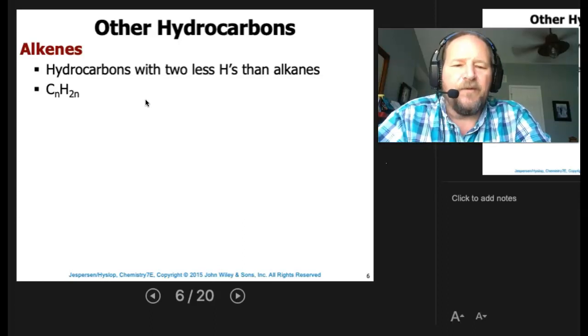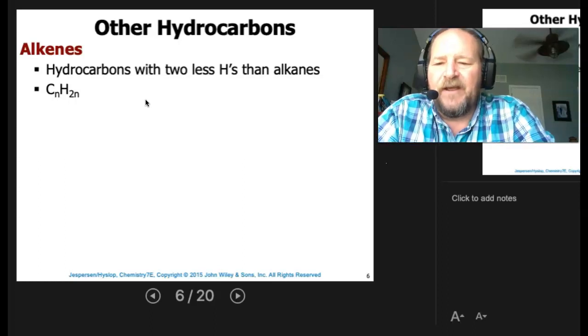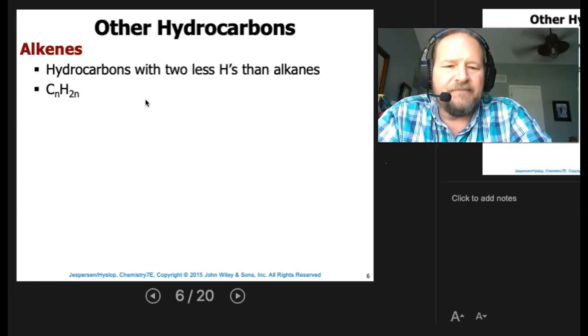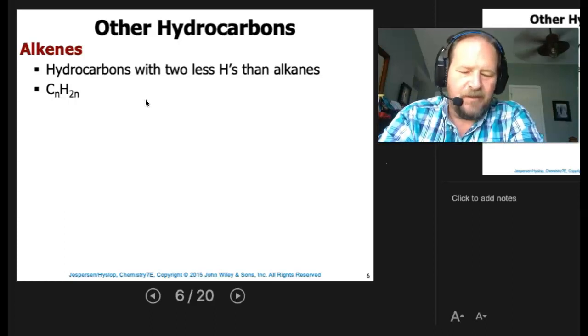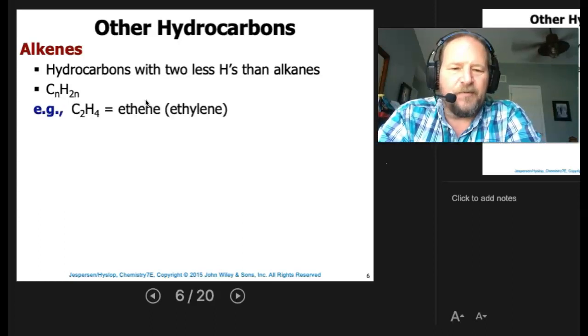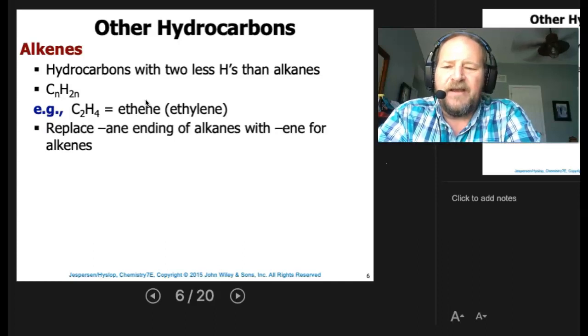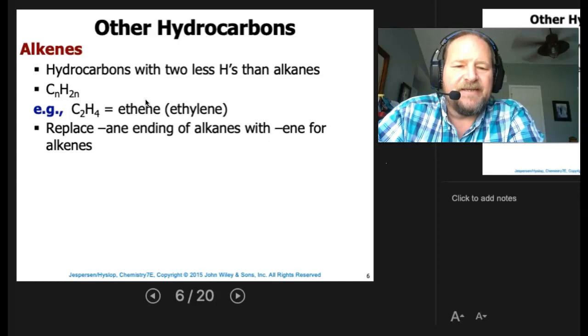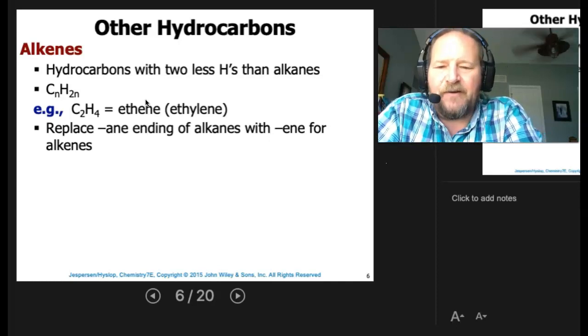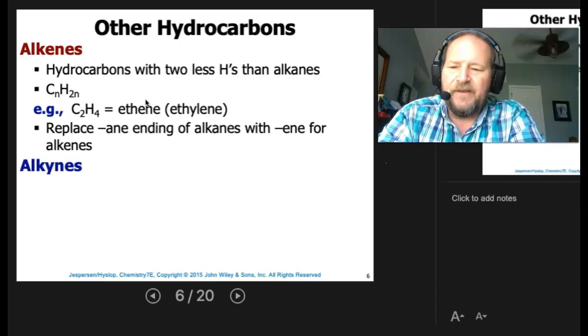And so formula-wise, it would be CnH2n. So basically what we're going to do is take 2 hydrogens out of our formula, and that's because we're going to form a double bond. Okay, and in making that double bond between the carbons, we change the ending from A and E to E and E, and we refer to them as alkenes. So ethylene, propylene, butene, things like that.